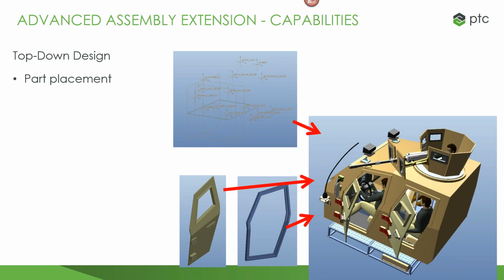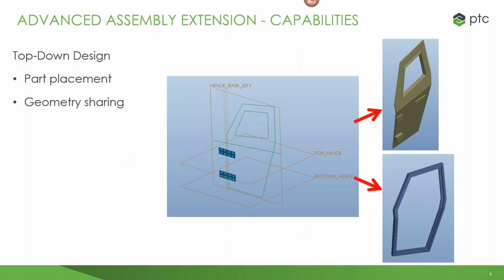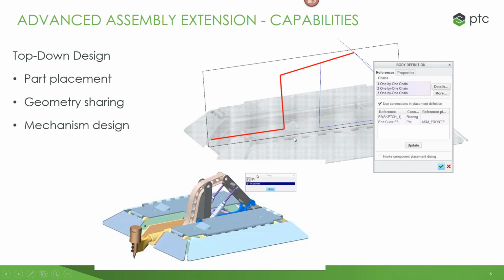So with this top-down design, you could do things like part placement, geometry sharing. So if you just have the outline of, hey, I have this door panel, I have it referenced to this datum, if I need to swap this out or do any types of geometry sharing, I can do that. Also things like mechanism design. You may have a pretty complex mechanism here, and you just say, okay, I don't care what the design is.